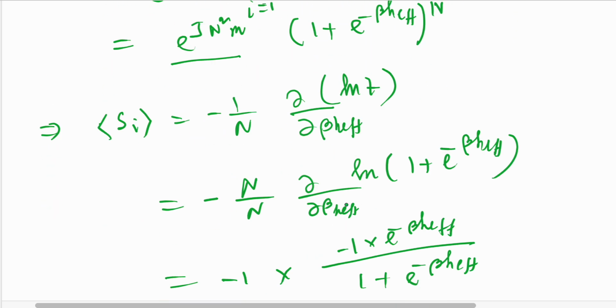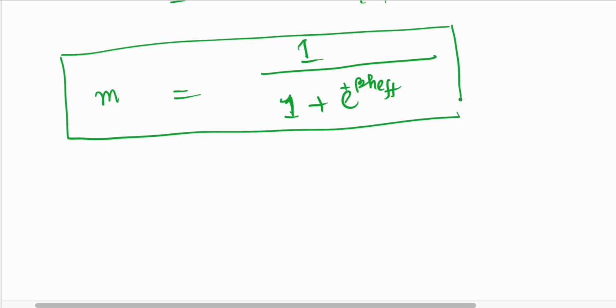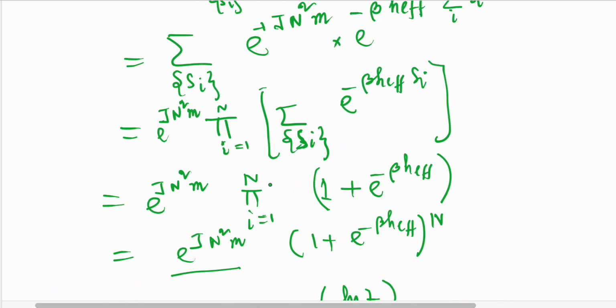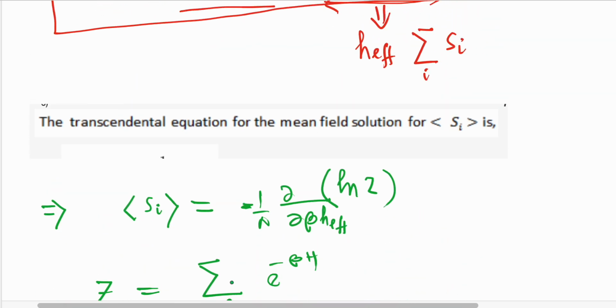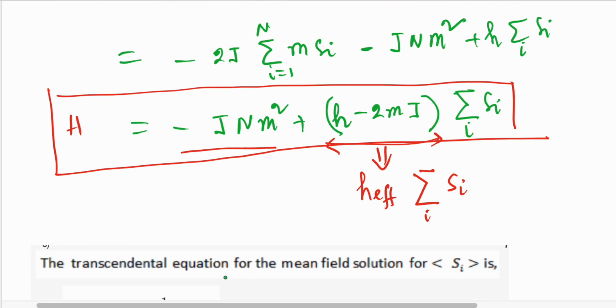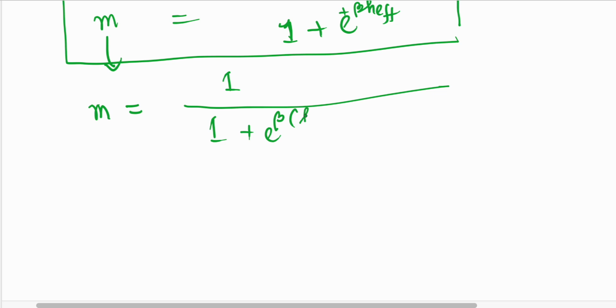So this is the m, or the total magnetization, or the average of spin, equal to 1 by 1 plus e to the power beta h effective, where h effective is h minus 2mJ.